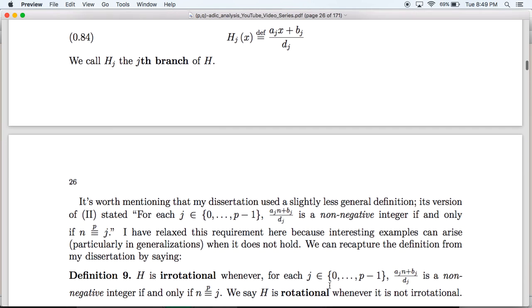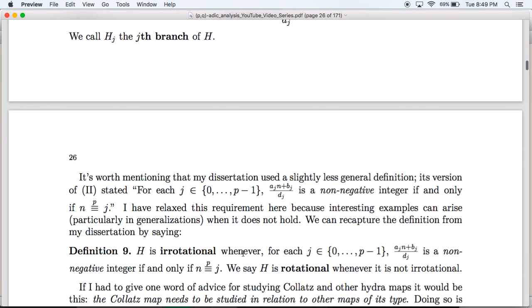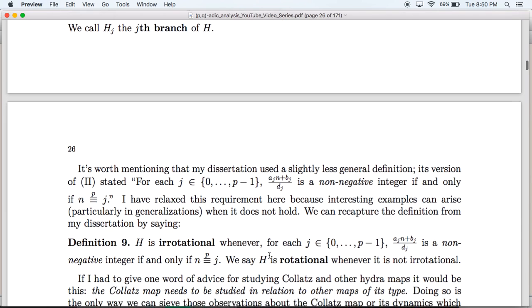I have then introduced the terminology of rotational. So H is irrotational if for each j, the branches send positive integers to positive integers and negative integers to negative integers. And I say H is rotational whenever it is not irrotational. So if I had to give one word of advice to anyone studying Collatz and other Hydra maps, it would be this.